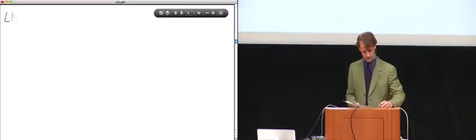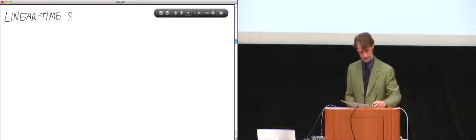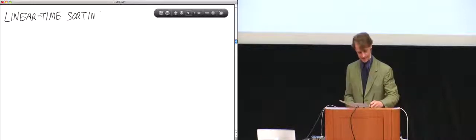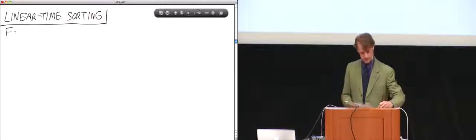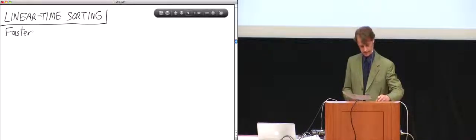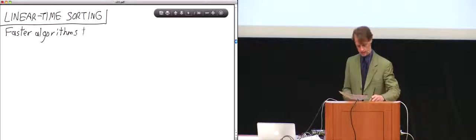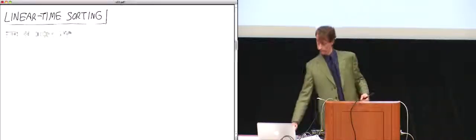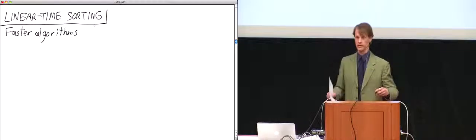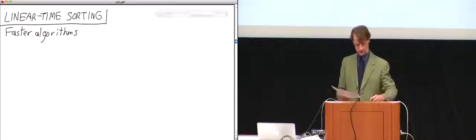So now that I've said that algorithms faster than n log n are basically impossible, let's talk about how to sort in linear time. There are algorithms that are faster than comparison-based algorithms because they don't just make two-way decisions.